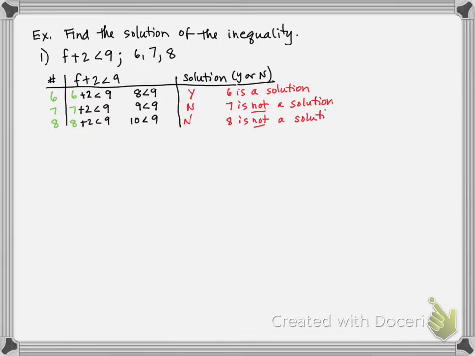Okay? Now this one worked out that only one of the 3 choices worked, but that's not always going to be the case. All right. We've got another example, actually we have 2 of them. Is the given value a solution of the inequality?